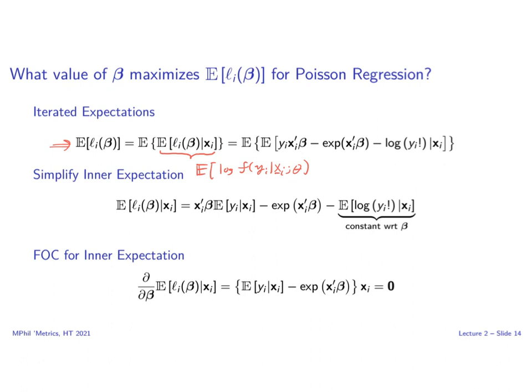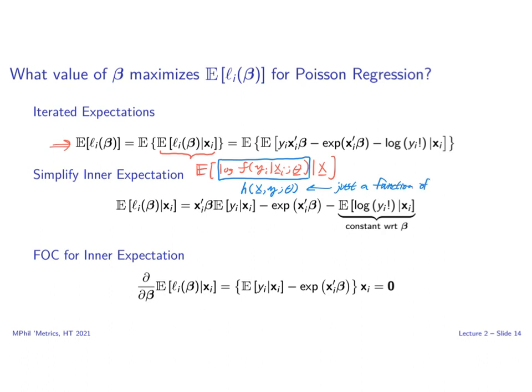So this script L of beta is a conditional likelihood function. But here the expectation is conditioning on x. That is a separate decision that we've made to condition on x. It's not already baked in to the fact that we're looking at a conditional likelihood. In other words, a conditional likelihood is just a function of y and x. We are calculating the conditional expectation of that function given x.